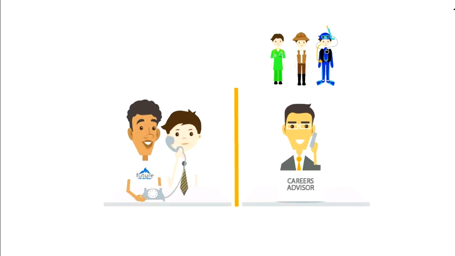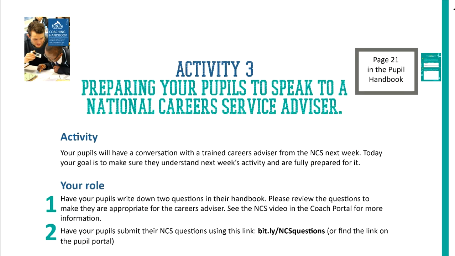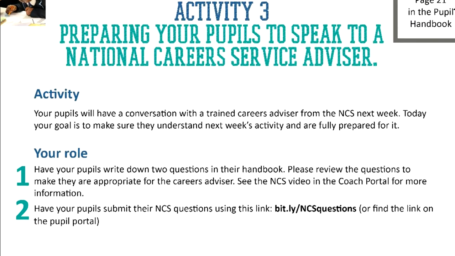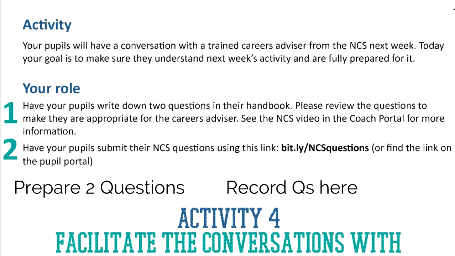Some of you, as I said, will be onto the Careers Service Advisor call. In your coach handbook, you'll see there are clear instructions as to what you need to do and what your role is. The two things that you need to focus on before you speak to a National Career Service advisor are getting your pupil to think of 2 questions that they're going to ask the Career Service advisor and to record those questions at this link.